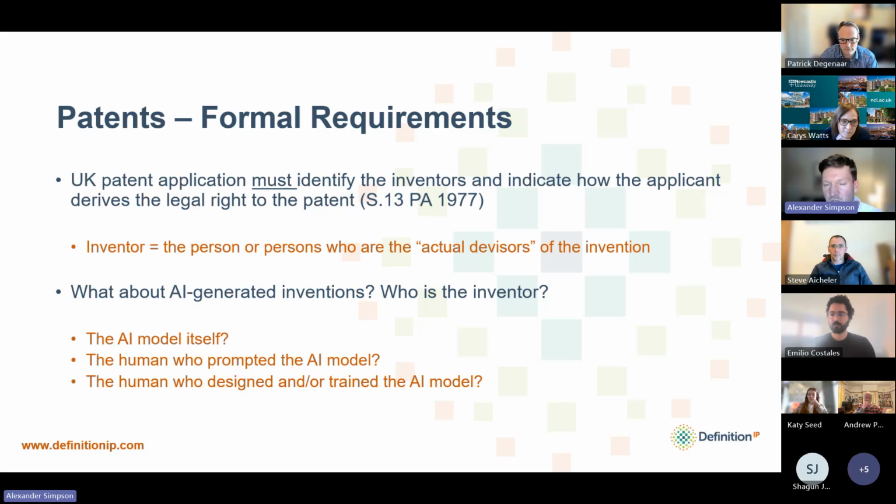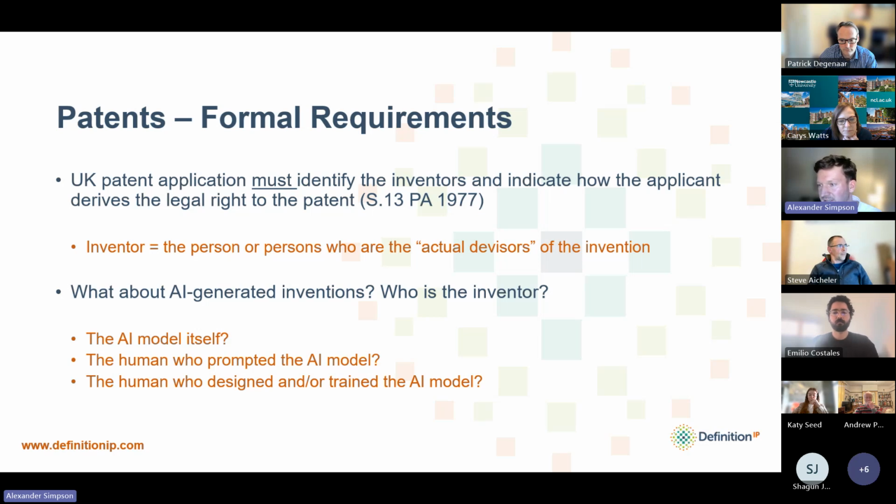So who are the inventors? The Patents Act defines the inventors as the actual devisers of the particular invention. And it does refer to the person or persons who are the actual devisers, which we'll come back to. Which leads to the question: what about if you have an invention that's been conceived by AI?